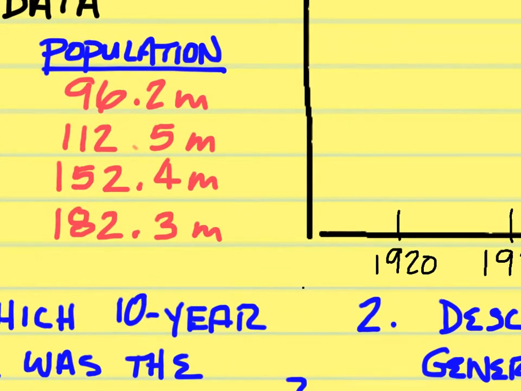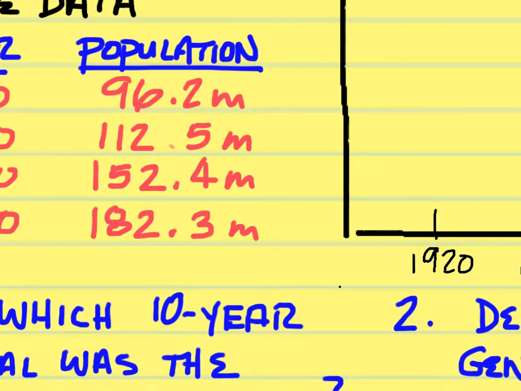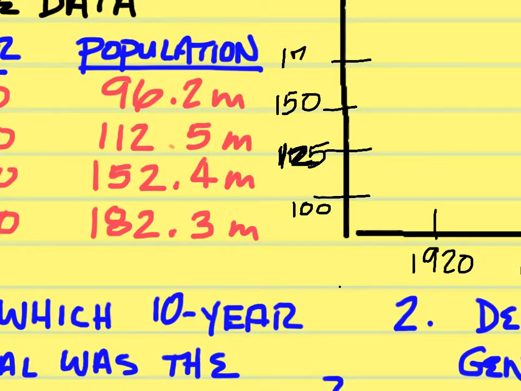For the population, it goes from 96.2 up to 182.3. So we could probably start at 100 and go up by 25. There's 125, poorly written. That's a 125. Terrible. And 150, 175, 200.